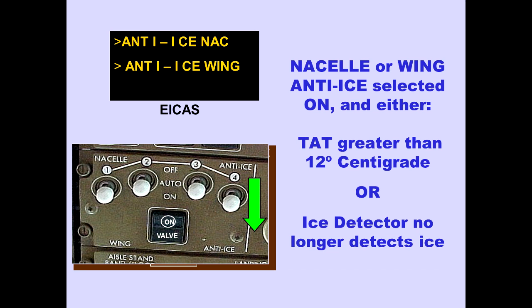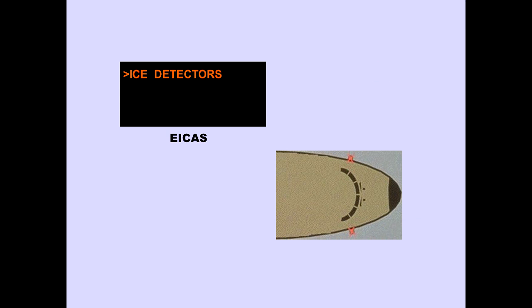The respective ICAS advisory message, anti-ice nacelle or anti-ice wing, is displayed if a nacelle or wing anti-ice is selected on and the total air temperature is greater than 12 degrees centigrade or the ice detector no longer detects ice. The ICAS advisory message, ice detectors, is displayed if a fault occurs in both the left and right ice detectors.